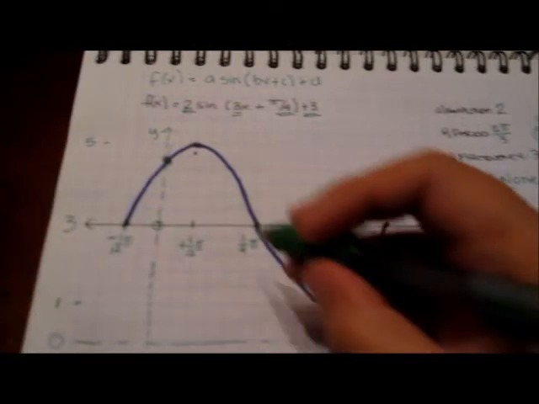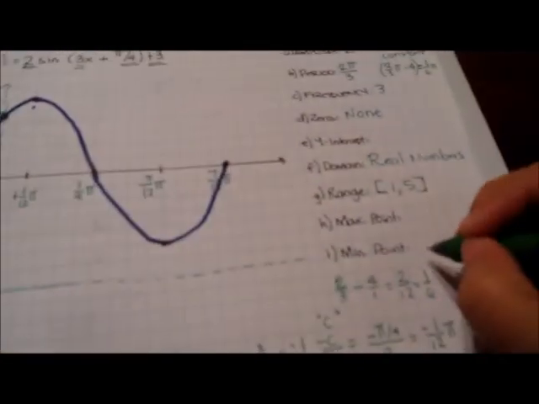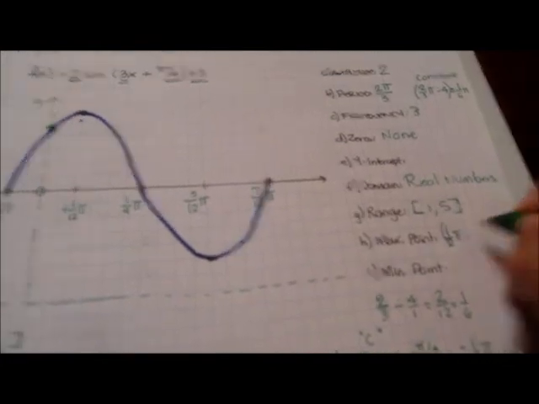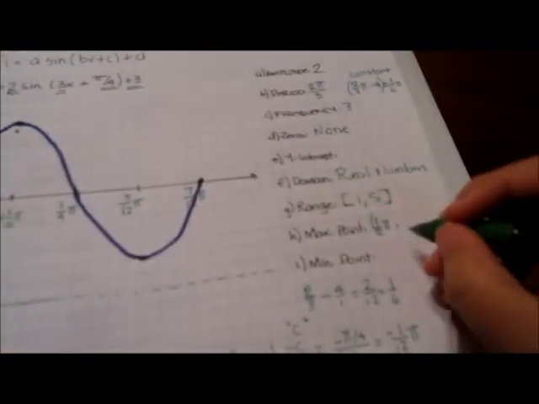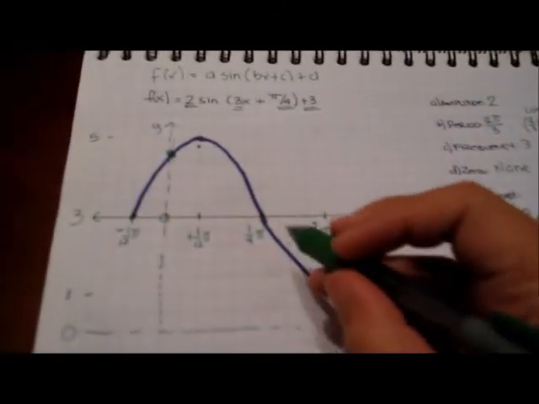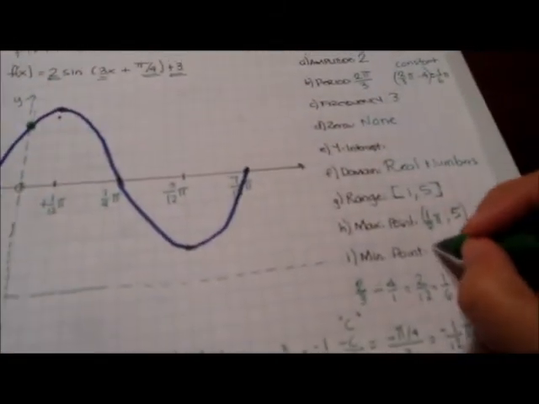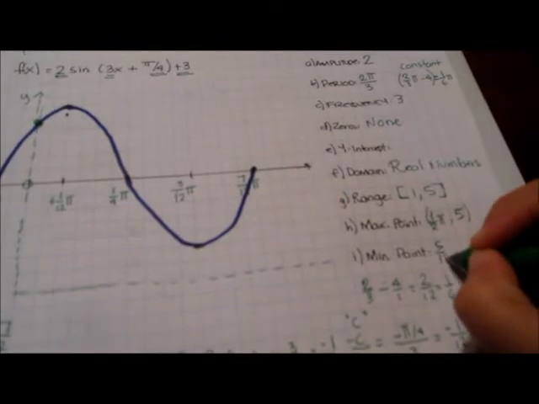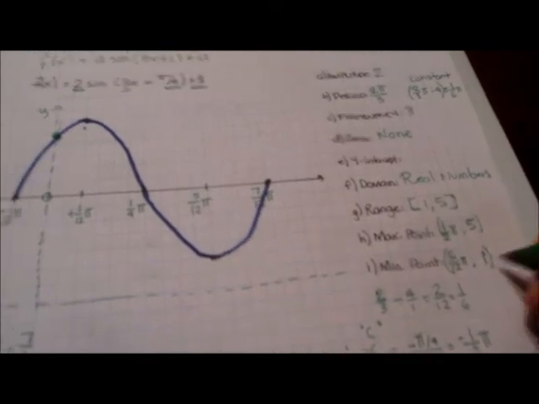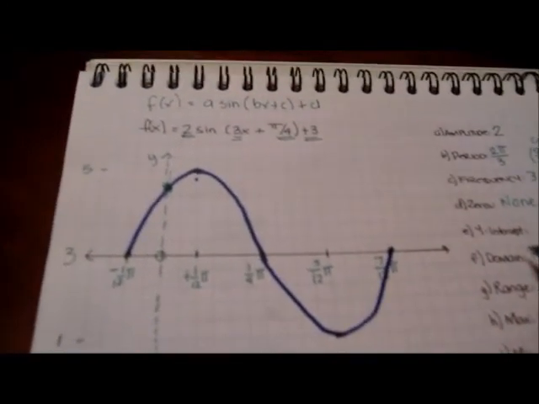My maximum point equals positive 1/12 of pi, comma, 5. And my minimum point equals 5/12 of pi, comma, 1. So I'm missing the y-intercept.